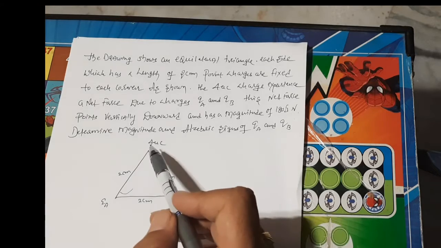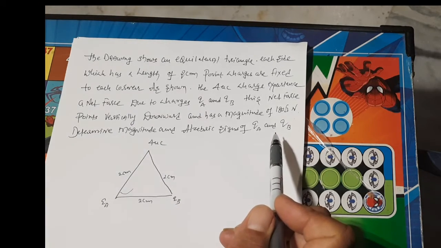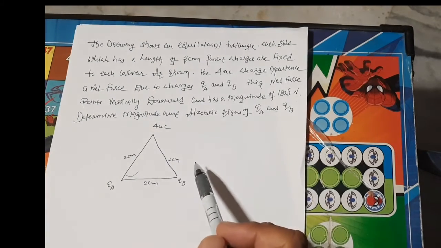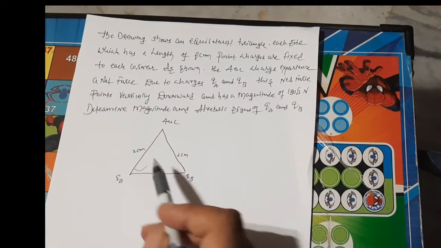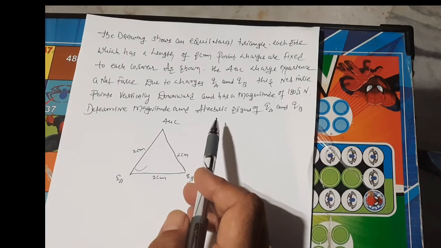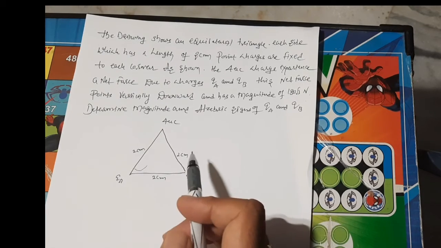Determine the magnitude and algebraic sign of QA and QB. This problem is also very important in NEET and JEE Main. What is the magnitude of QA and QB, and what is the algebraic sign?